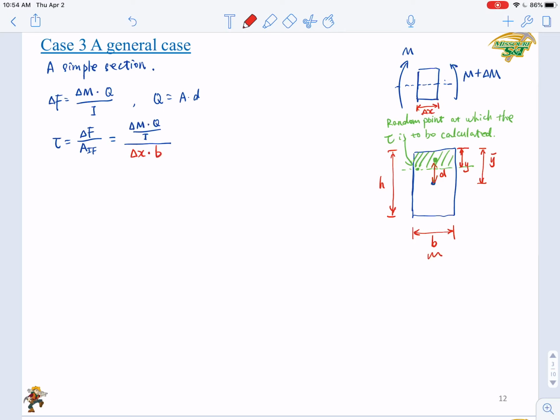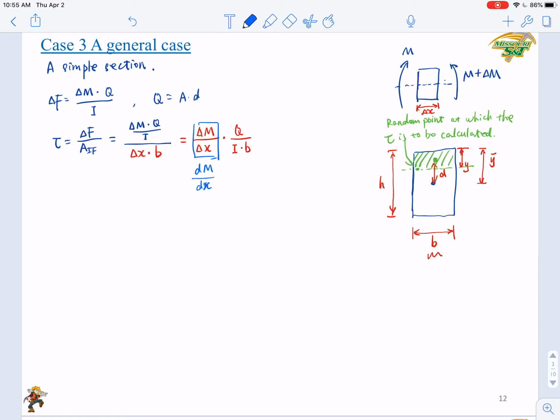Here is the B. Rearrange this equation, you will get delta M over delta X by Q over I B, right? So now let's check this term. What is this term? It's just dM over dx, right?